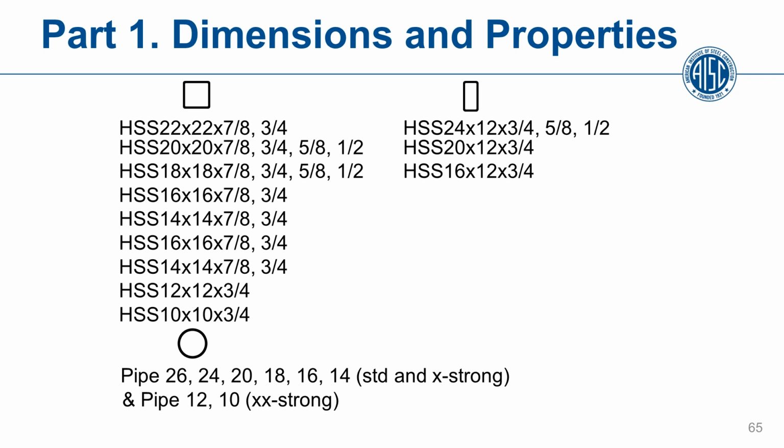These are available from manufacturers, but again, check AISC's website for availability as well as your local fabricators, because just because they are manufactured doesn't mean they're available in a timely manner. Same with the new pipes, up to 26-inch diameter standard and extra strong pipes, and 12-inch and 10-inch double extra strong pipes. Check availability because timeliness is important on every project.